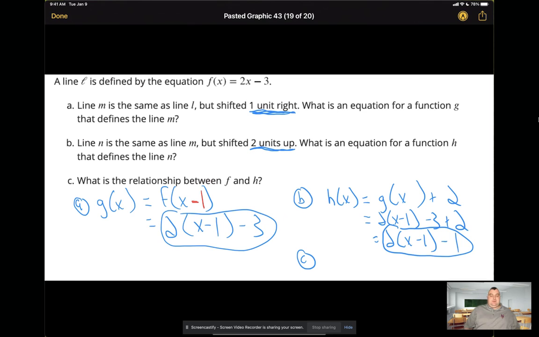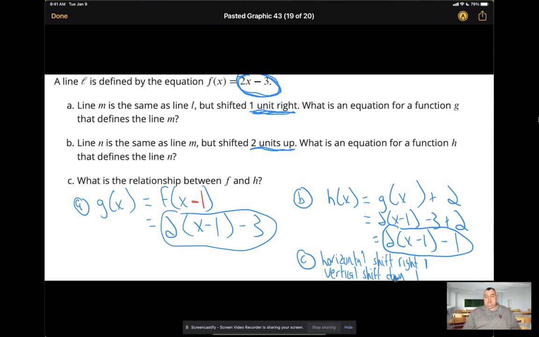So for C, what is the relationship between f, which again, remember, was this function up here, and h? This is going to be a horizontal shift right 1, just like we said before, and a vertical shift down 1, because we don't have to do the opposite.